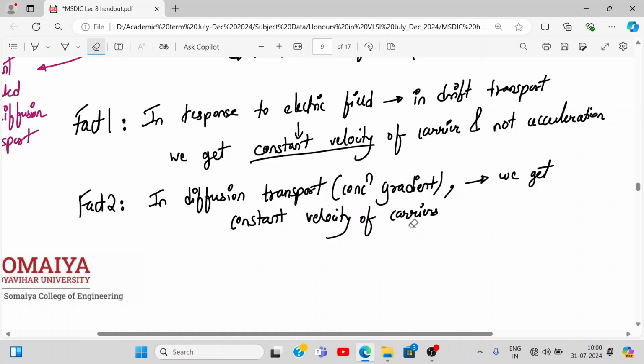I will tell you the reason why, but again it involves the explanation of random thermal motion, so verbally I'm telling you, I am not making you write that. In a semiconductor, as I already told you, there are other particles surrounding the electrons and the holes. When an electron travels in a semiconductor crystal, it may encounter other particles.